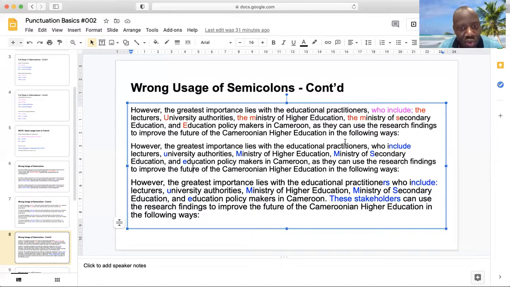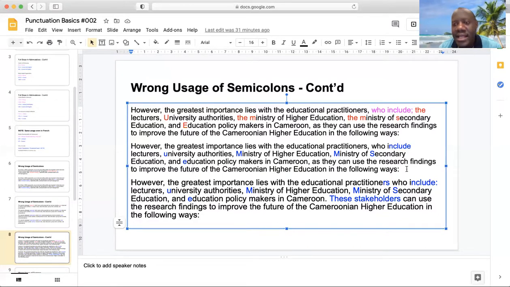So the first option would be first. However, the greatest importance lies with the educational practitioners who include, okay, in this case, I will maintain the comma here, but I will say who include, because we can actually remove them and write from who include right up to Cameroon here. And the sentence will continue as the educational practitioners, as they can use the research findings to improve the future of the Cameroonian higher education, blah, blah.